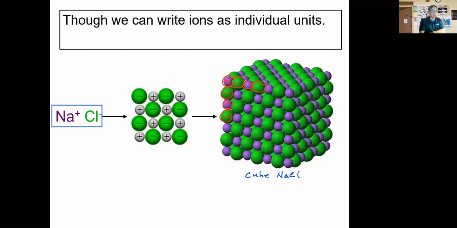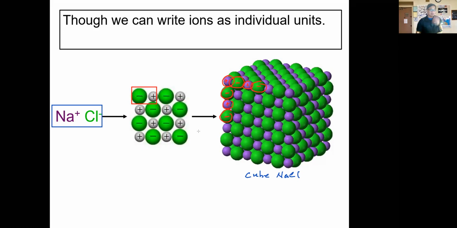Okay, so we see that pattern repeat itself, not only in two dimensions, which is where we left off yesterday, when we took a piece and cut off the top layer and examined that. We would also see that repeating pattern of sodium ion and chloride ion, which leads us back to what's represented here. This is what we refer to as the formula unit.